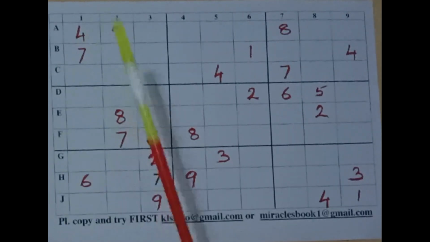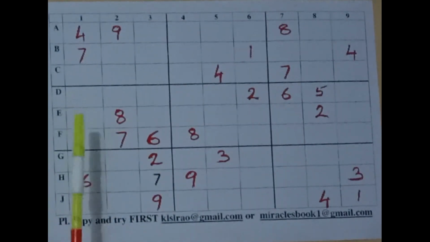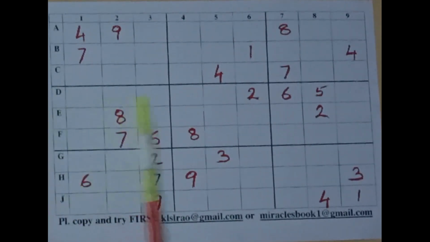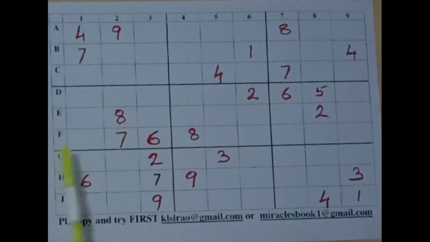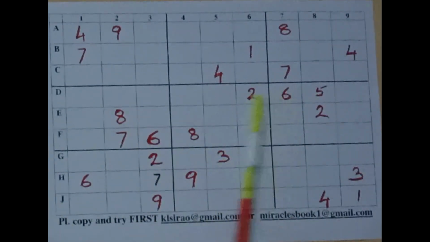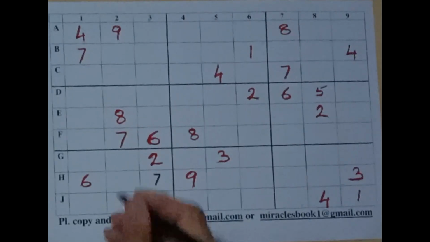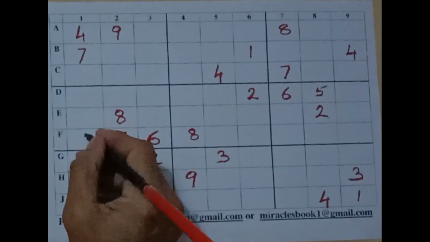What else can we do? 8 occurs just once, 9 occurs 2 times, but we are not sure whether to write the next 9 here or here or here. Okay, so now let us turn to this middle horizontal strip. Here you can see number 1 is missing, but 2 is occurring 2 times here and here. That means in this box the number 2 gets this position here.